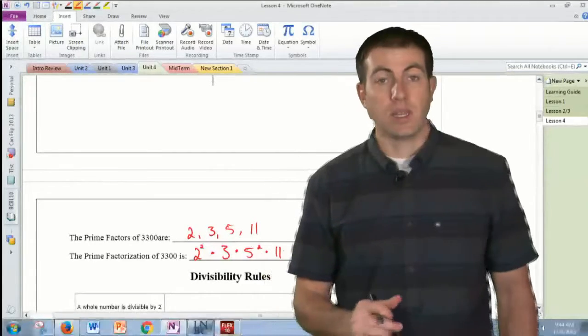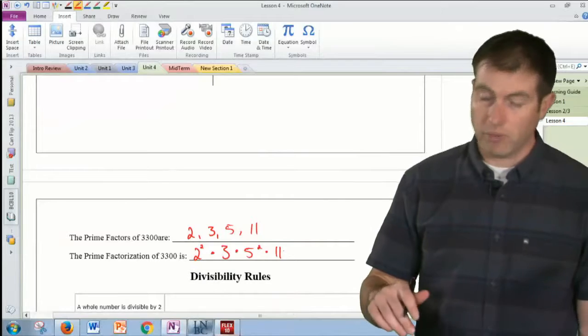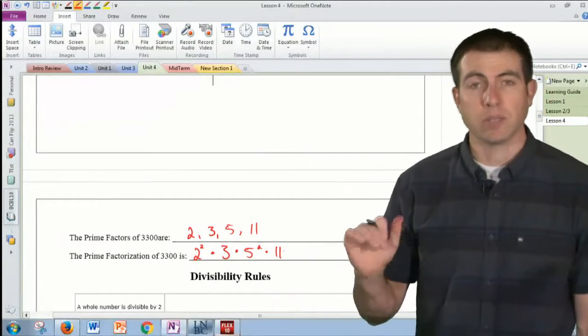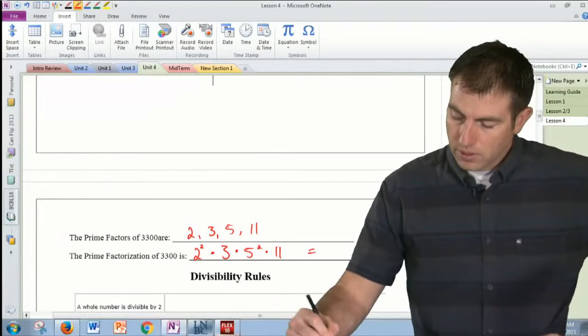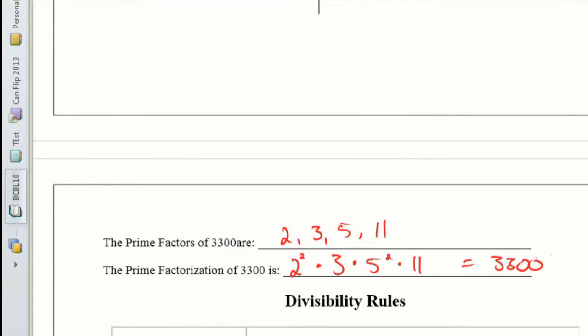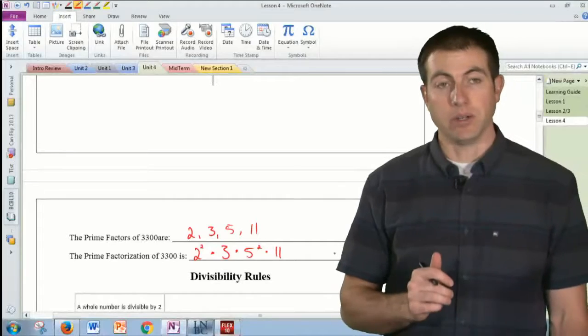So all of these things multiplied together would be the prime factorization. If I plugged into my calculator 2 squared times 3 times 5 squared times 11, I would end up with 3,300. Now you don't need to write it like that, but that's why we write it that way. Because if we went backwards, we'd want to end up with 3,300 again.